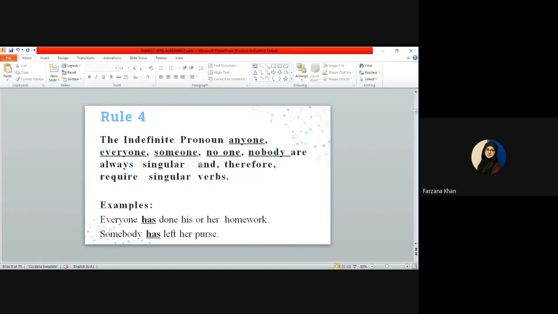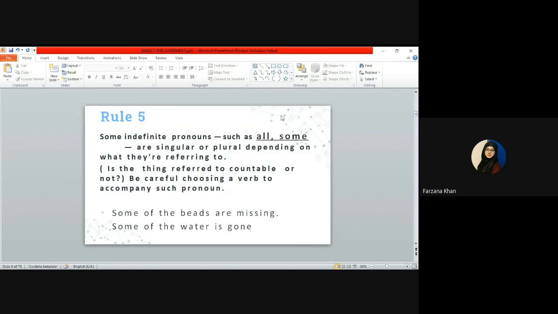In the previous rule, anyone, everyone, someone, no one, nobody, these are the indefinite pronouns which require a singular verb. But two other indefinite pronouns, which are all and some, can be used as singular, they can be used as plural, depending on what basically they are referring to.